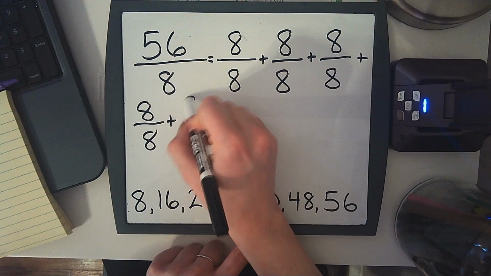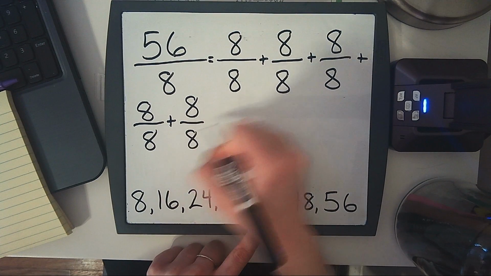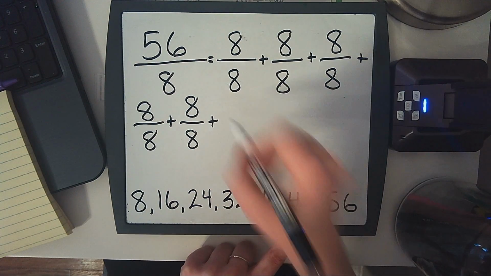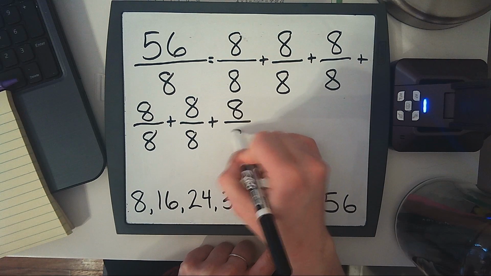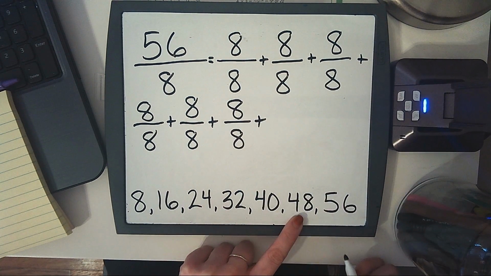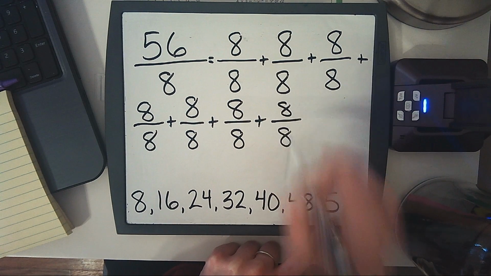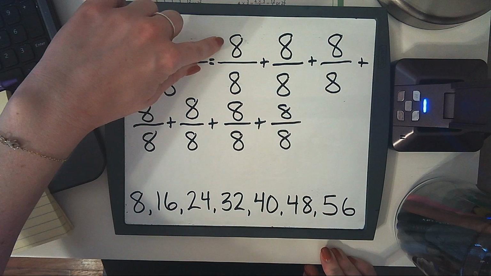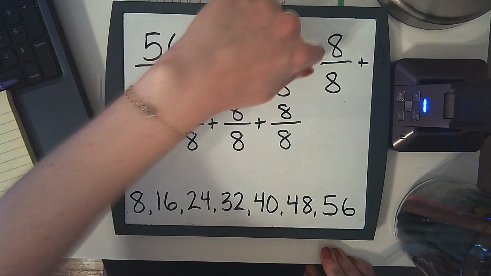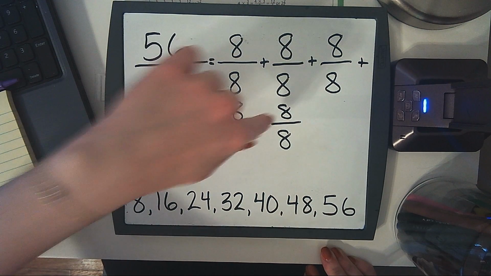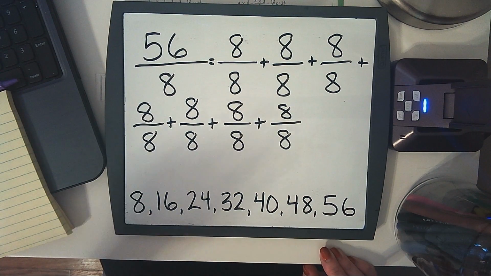Next comes 40, so I'm not at 56 yet. 48. And then 56. So 8, 1, 2, 3, 4, 5, 6, 7 times, right? That's 7 times 8.